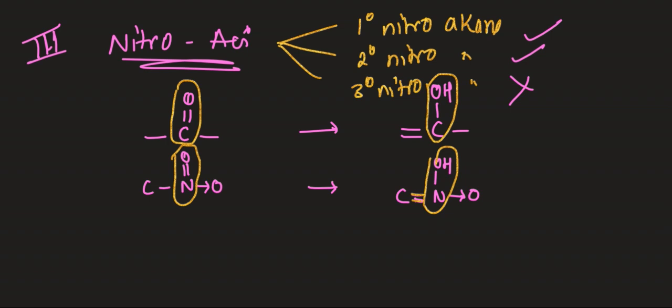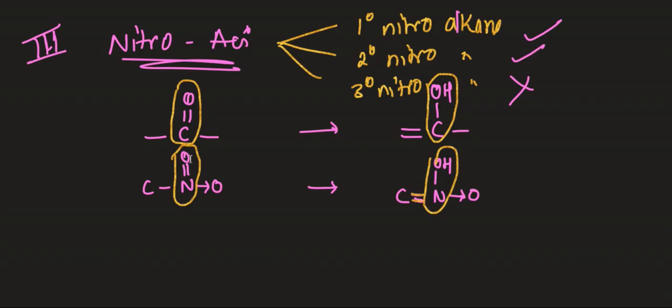So the questions will be like, which of the following compounds will not show tautomerism? Or they will ask, which of the following will not show nitro-acid tautomerism? Tertiary nitroalkane will not show.